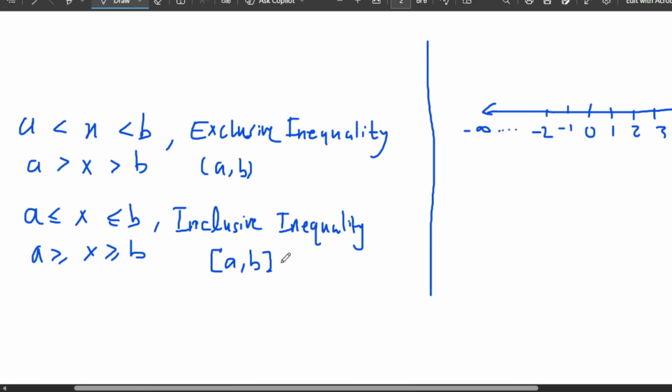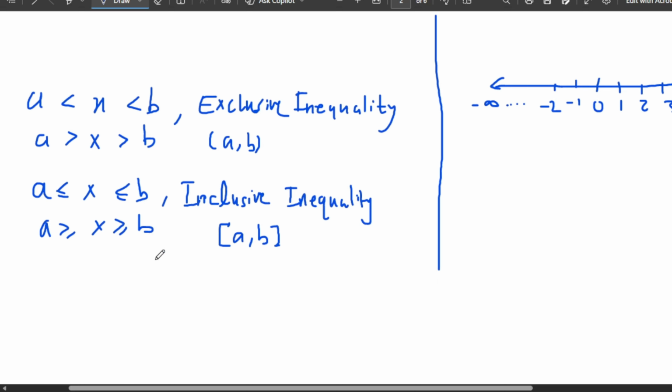If it's partially exclusive and partially inclusive, either a is less than or equal to x is less than b, or a is less than x is less than or equal to b, that means this one would be closed bracket a and open bracket b, so it doesn't include b. If it's this one, it doesn't include a, but it includes b.